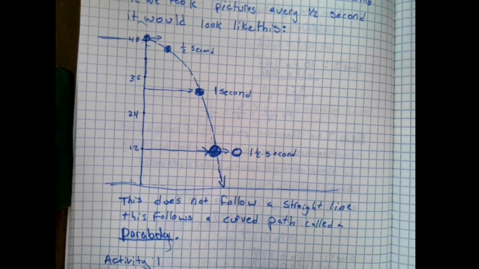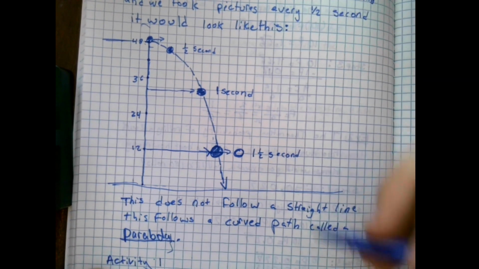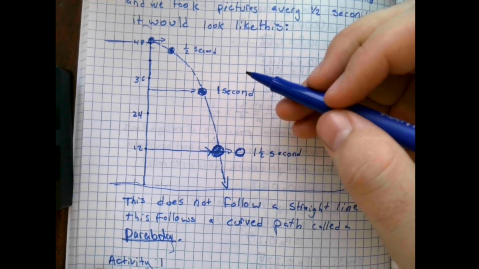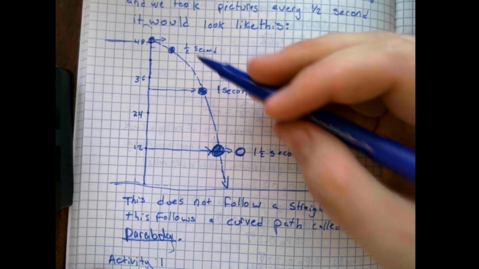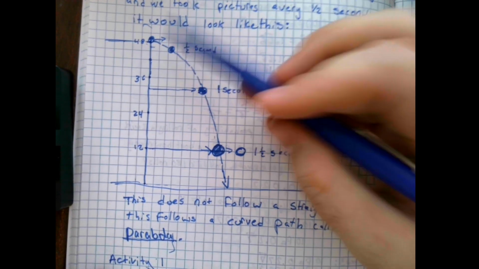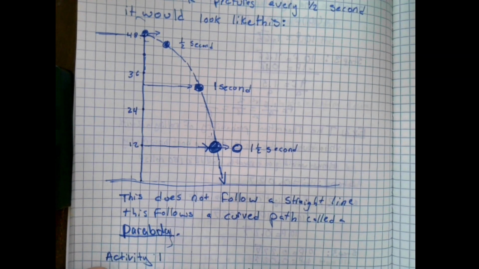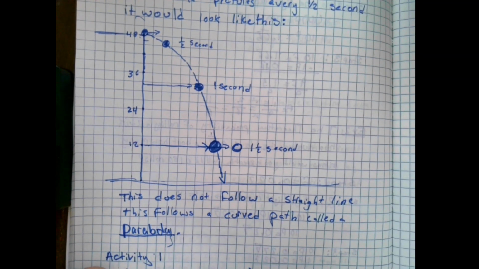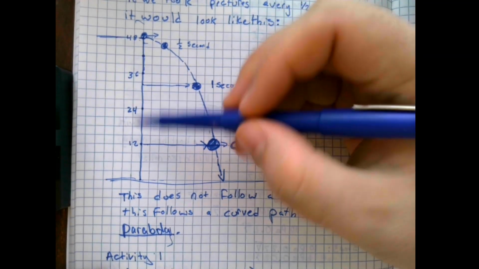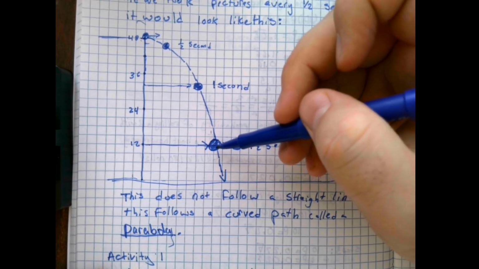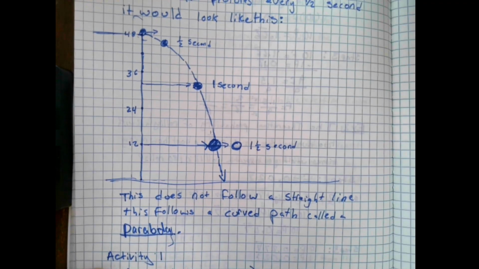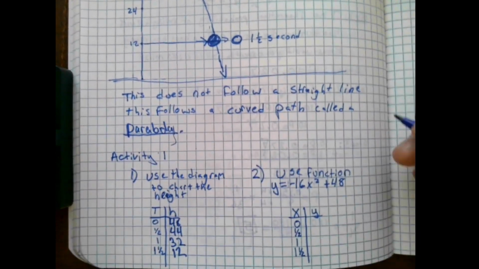So we're going to say it's at 44. Then at this next dot is below 36. It's probably about as far below 36 as this is below 48. So we're going to say that that's 32. And then we've got here at 1.5 seconds, it's at 12. So we've put those in our table here.